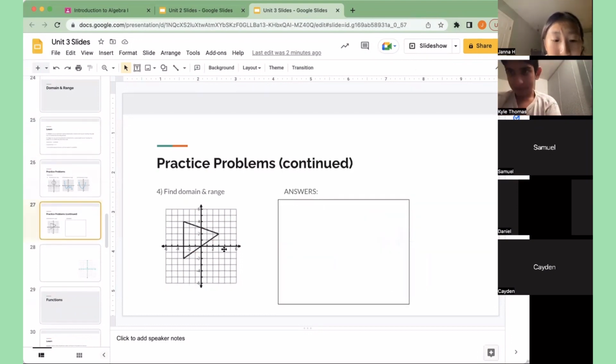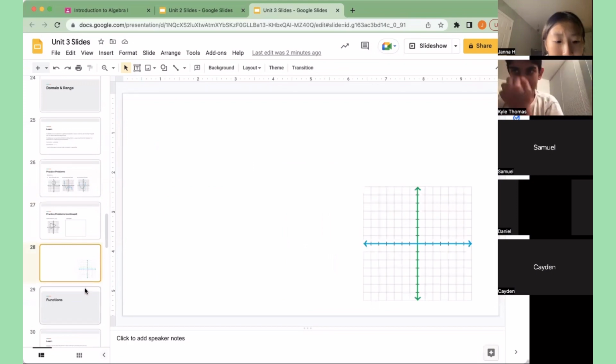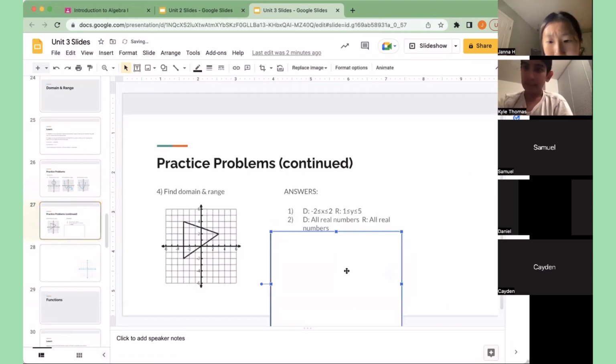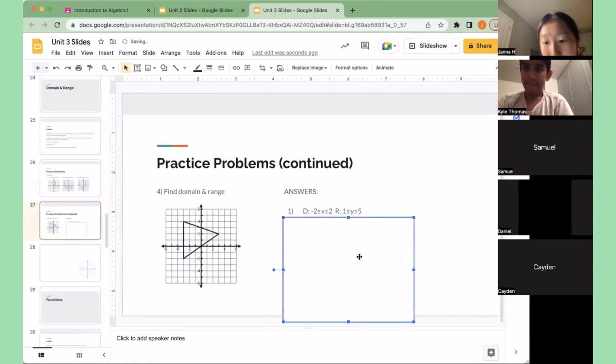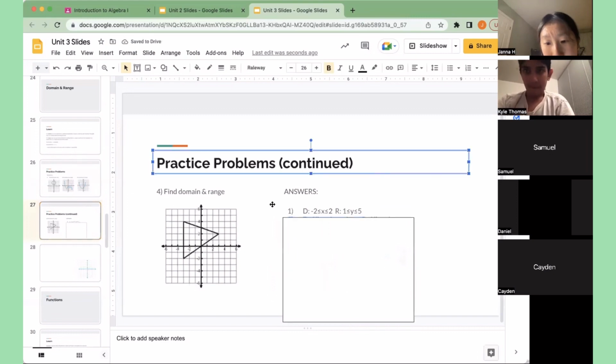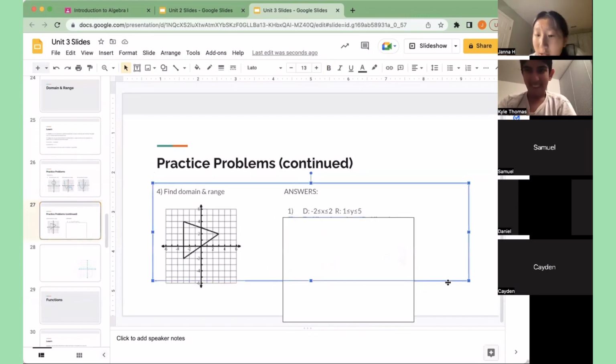And you want to write these as inequalities, I forgot to mention.